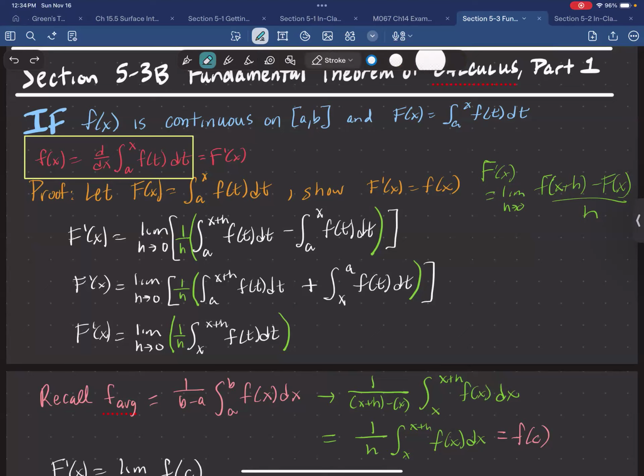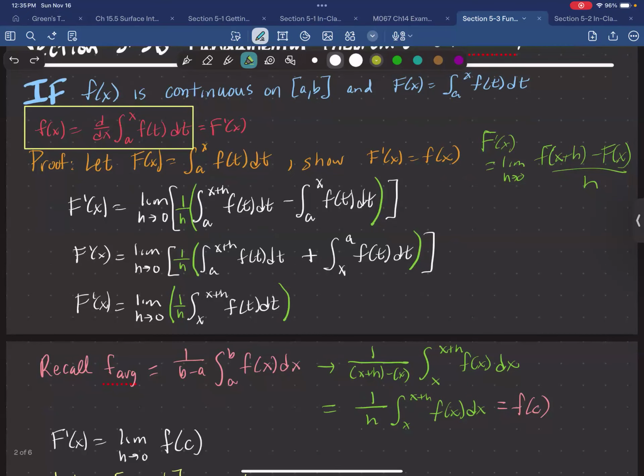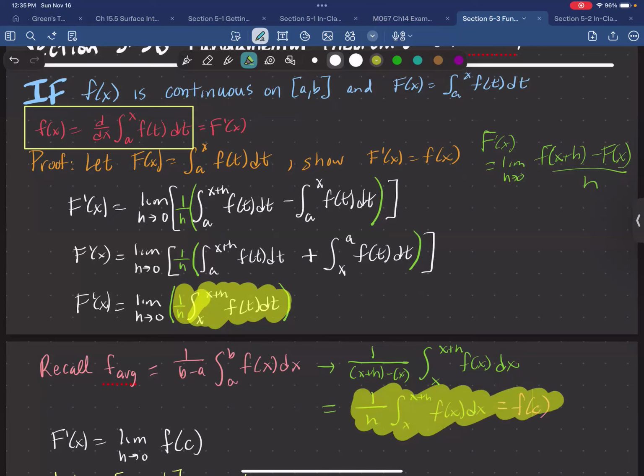This is what we just did in the last video, the mean value theorem for integrals: f average equals f of c, somewhere in the interval. So we're going to use that. Going back up here, I've got the 1 over h right there, which equals that.